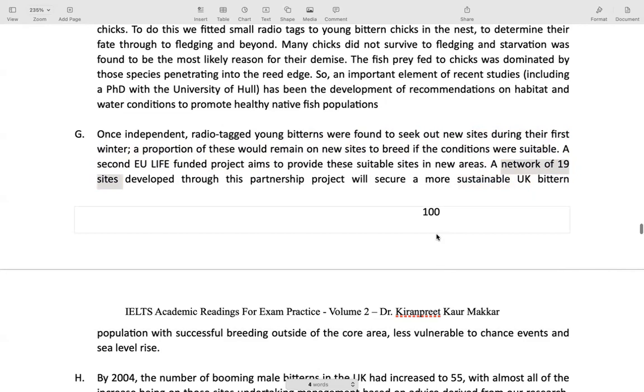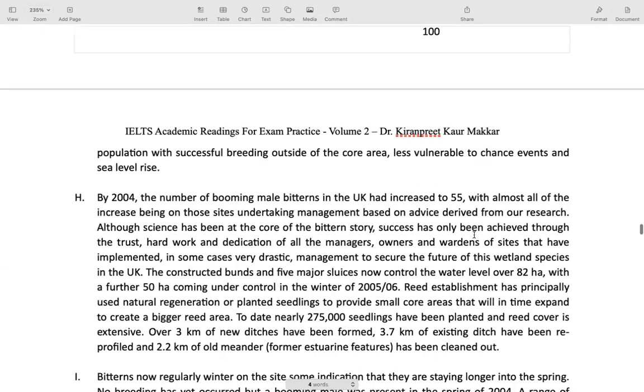I think both should be correct. What's the answer at the back, Dipanshu? Both are there, sir. Okay, network of 19 sites and partnership project. Both will be correct, because I don't know what the system is. You can say a partnership project, or you can call the system a network of 19 sites. How many words are these? Three words and one number. Is it allowed or not?